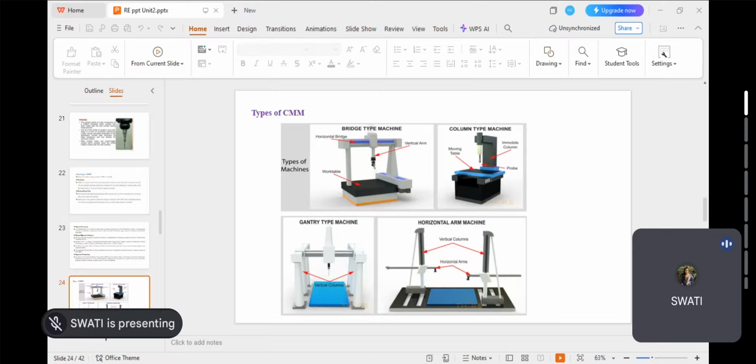The minus point is that in this, although the cantilever is fixed, it is very difficult to use larger size components, because you can see the workstation has limited parameters, as the cantilever is not movable. The probe is not in a movable condition.